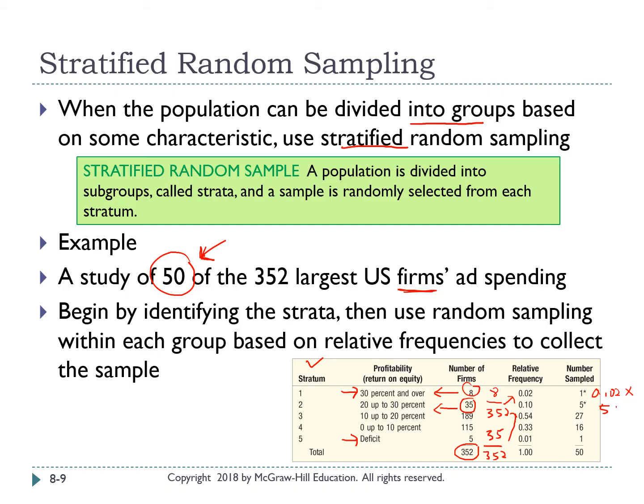So you want to sample 50 firms. So this will give you a value of around 1. So let's try with the second group. What is the relative frequency? You have 0.10 multiplied by 50, and this should give you the value of 5 samples. Okay, you can also try to compute the other examples.